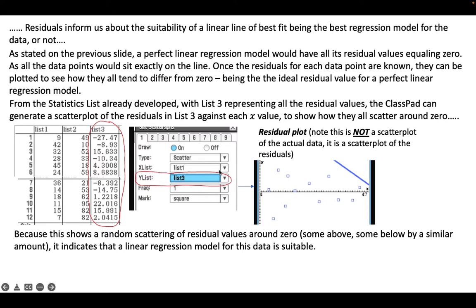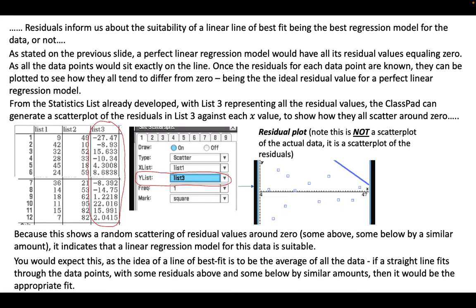Now this tells us something. You can kind of see here that there's a random scattering of data values above and below 0, or the x-axis, in this scatter plot. That tells us that a linear regression model for this data is suitable. And it makes sense because when you think of a line of best fit, it's averaging all the data. So you would expect a good linear regression model to slice through the middle of all the data.